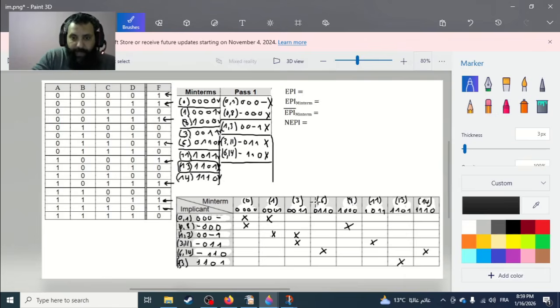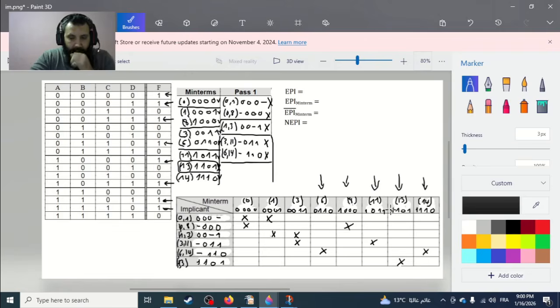For this, we have to look for the columns with only one cross mark. Here we have 2, 2, 2, and 1 here. This means from this column we need to extract one essential prime implicant. This one has 1 cross, this one has 1 cross, this one has 1 cross, and this one has 1 cross.